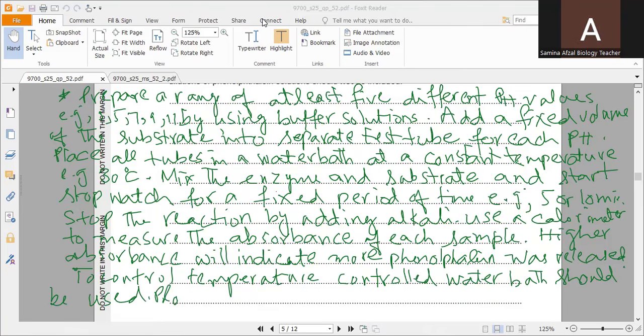Plot a graph of rate of reaction against pH.